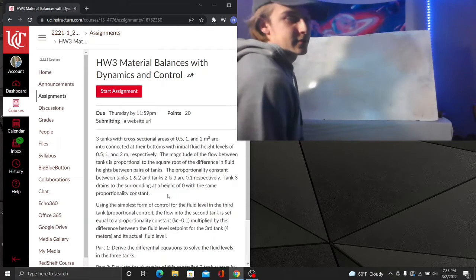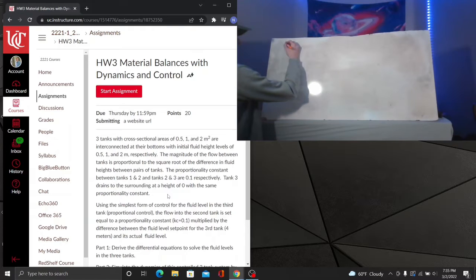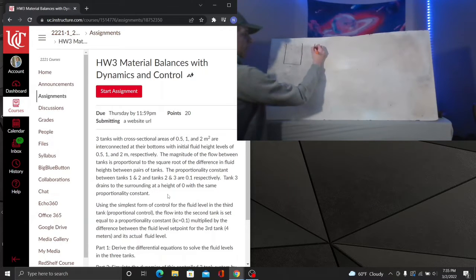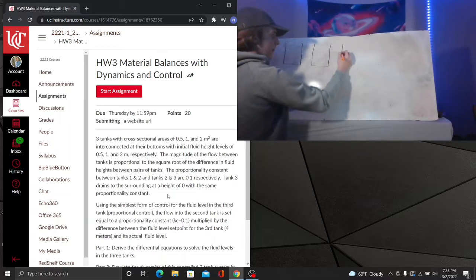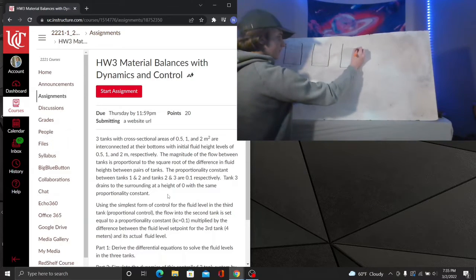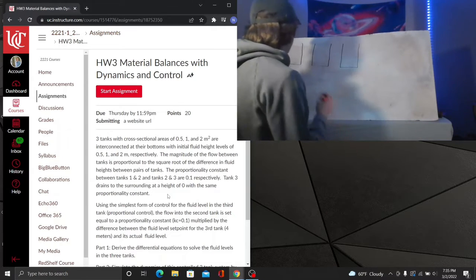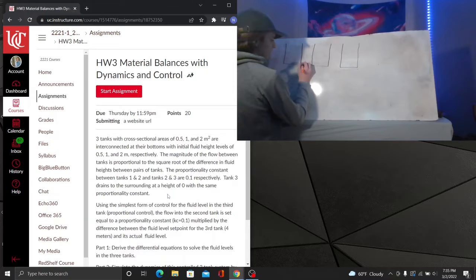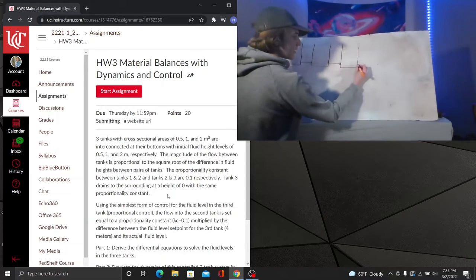So to start off, we have our three tanks. So there's the first tank, second tank, and third tank. And then it says that they are interconnected at the bottom. And this one will be going out.